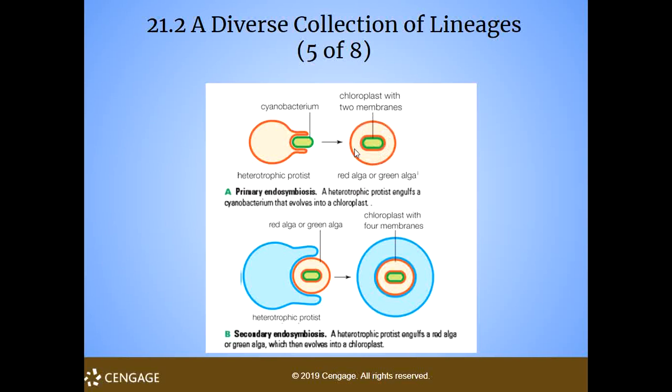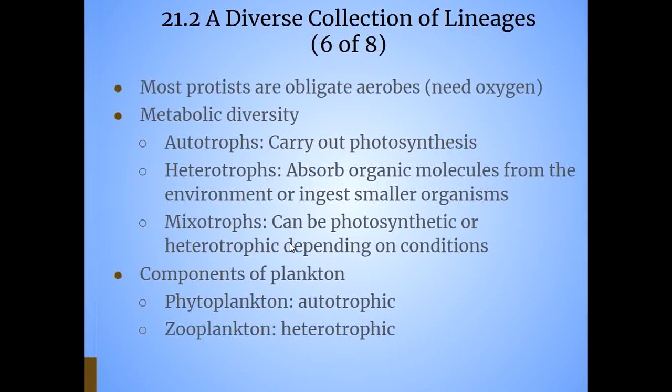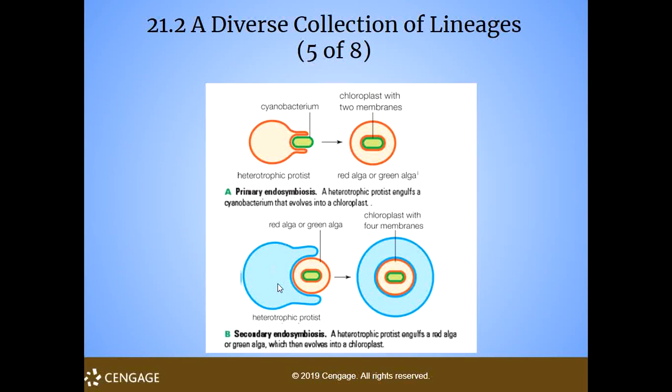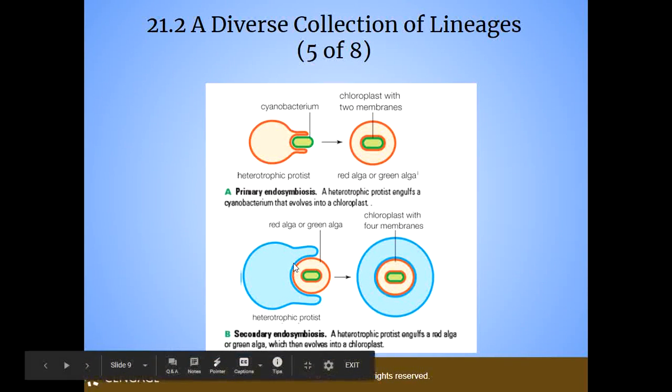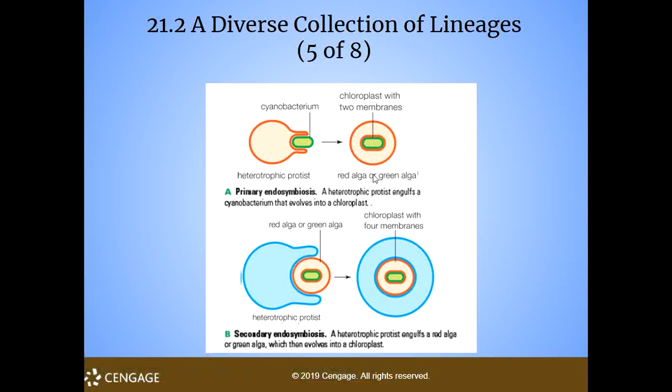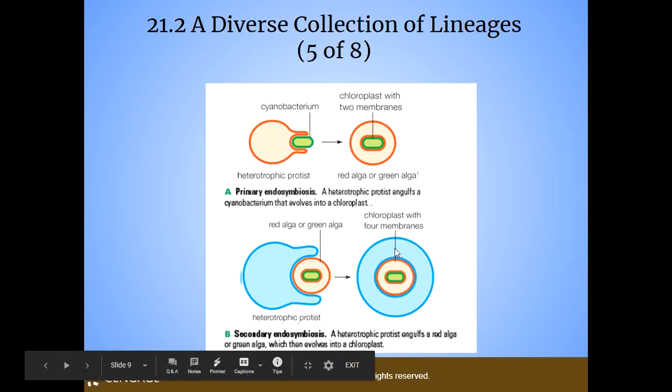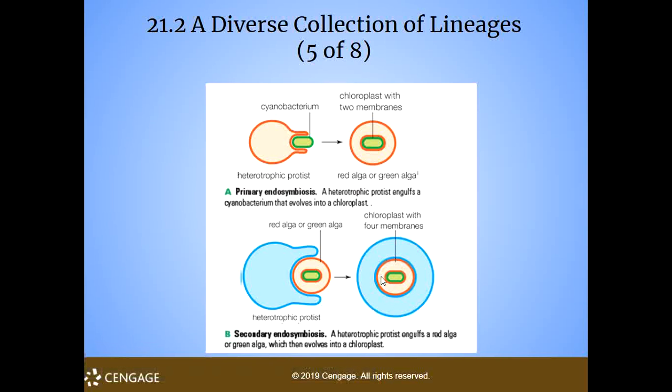And now this protist can make food because it has a chloroplast. And we see this in red algae or in green algae. Then later, another heterotrophic protist was able to engulf this algae right here, and that's what allowed it to create this chloroplast with these four membranes that we find around it.